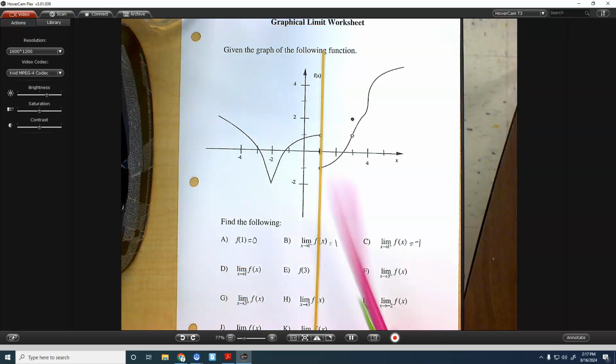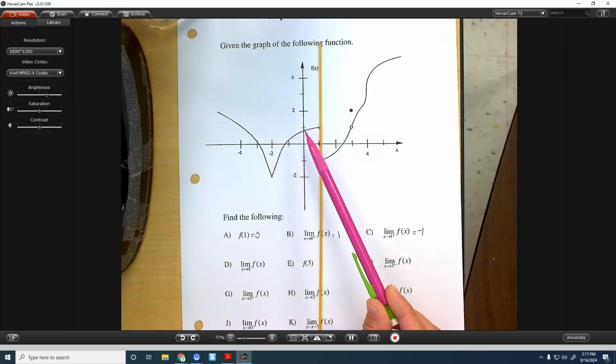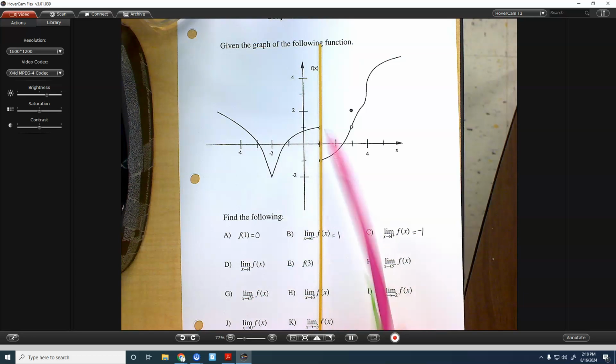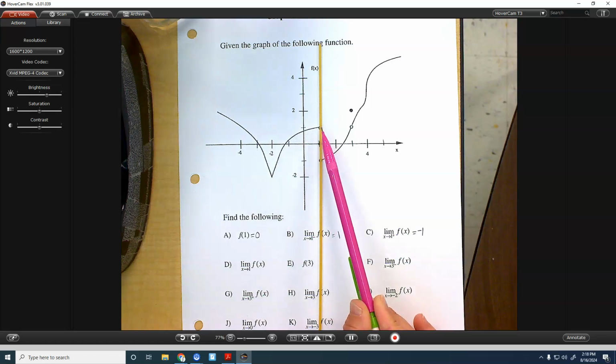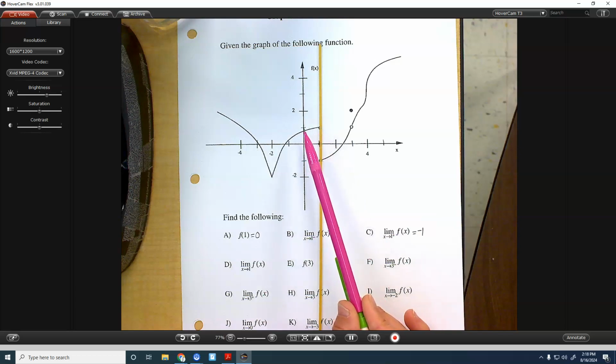So if I travel along my graph this way, as I get closer and closer to where x equals 1, the y value of that coordinate is getting closer and closer to the y value of that place right there where you have a hole. It doesn't actually get there because you have a hole right there, but it doesn't matter because for limits, we're just talking about what you're approaching. So as you get closer and closer to this, you look at the y coordinate of that point, which is 1.